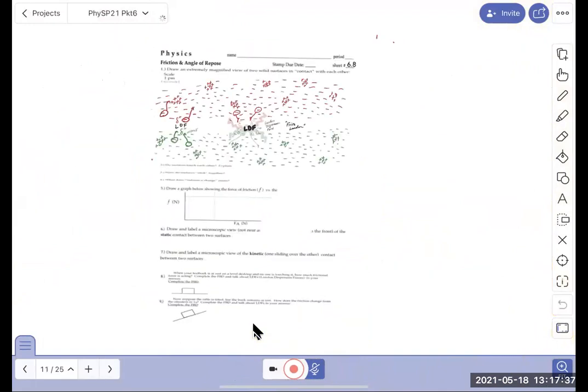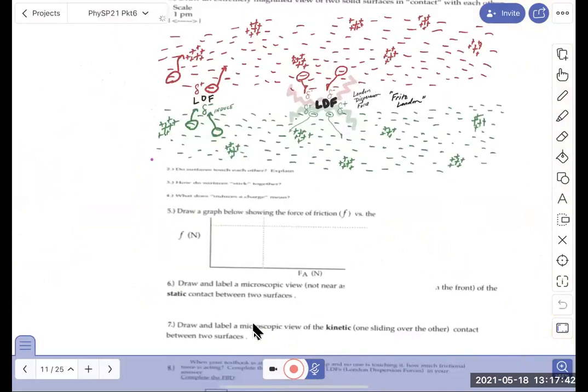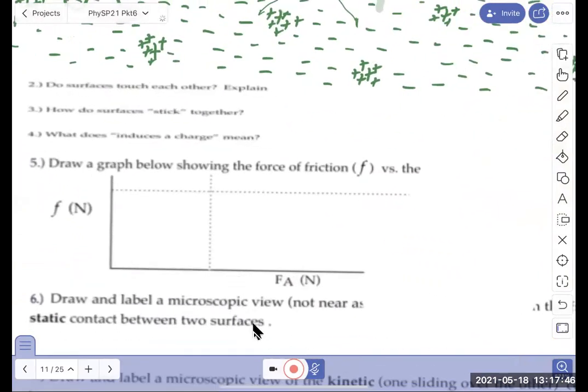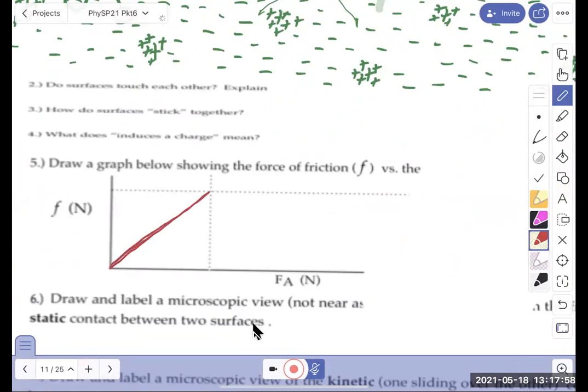All right. This is the problem we're working on. We did number 1, and you should be able to answer 2, 3, and 4. But 5 is what we did today. Remember, 5 is the graph we've been working on, so we didn't do that much work on it. By the way, it was a slope of 1 because of Newton's third law for reaction. This F, the curly F, is the friction force, and the FA is the applied force. Then it has that knob, and then it comes like that.